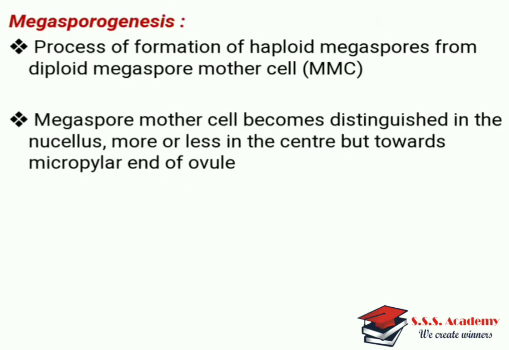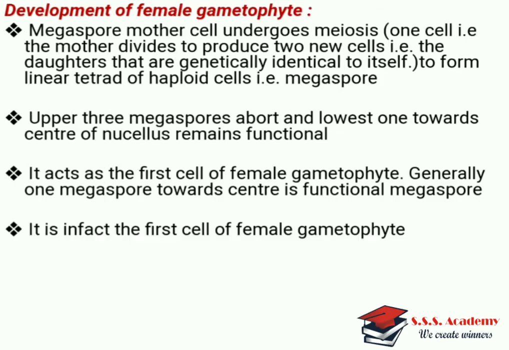Next we will see megasporogenesis. The process of formation of a haploid megaspore from the diploid megaspore mother cell, that is MMC, is called megasporogenesis. The megaspore mother cell becomes distinguished in the nucellus, more or less in the center, but towards the micropylar end of the ovule.